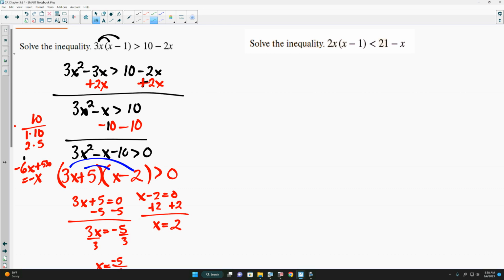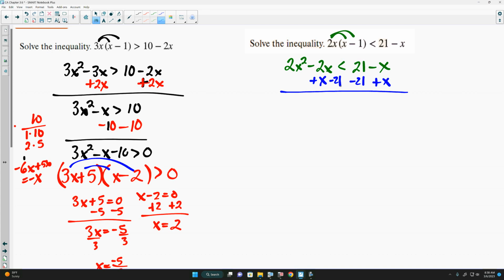So, solve this here. Well, let's get it equal to 0 first. 2x times x is 2x squared. 2x times negative 1 is negative 2x. Unlike last time, we're going to do this in one step. 2x squared. Negative 2x plus x is negative x. 2x squared minus x minus 21 is less than 0.